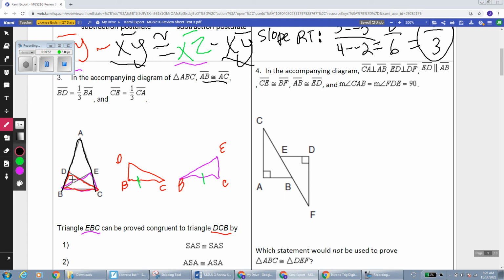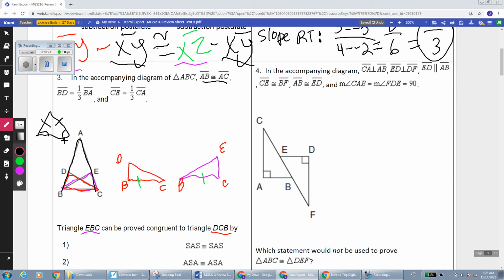Before we look at the rest of the information here, I do want to draw your attention to the big triangle here, ABC. Since we know it has two equal sides, we know it's isosceles. And you might remember, if we have an isosceles triangle, we also have two equal angles. Just like if we have an equilateral triangle with three equal sides, there are three equal angles.